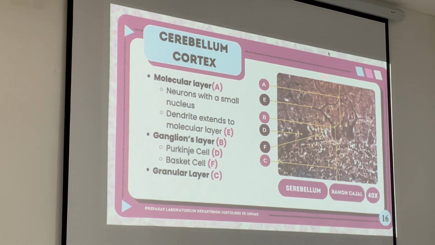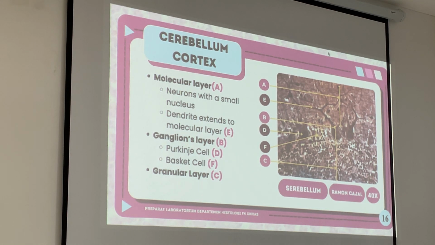First, here is the molecular layer. It contains small neurons and also the dendrites. And then the ganglionar layer.